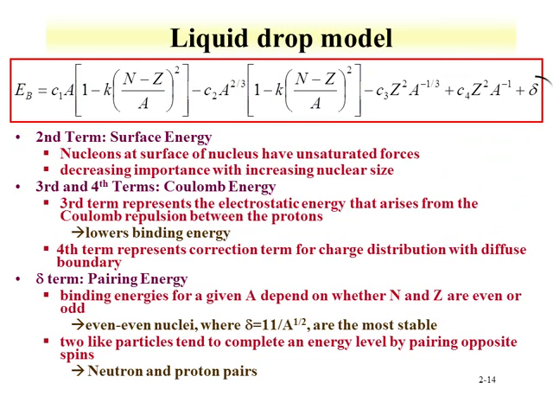And this final term is the pairing energy. There are trends observed where neutrons and protons, if they are distributed into pairs, have slightly better energetics, and this adds to the binding energy.